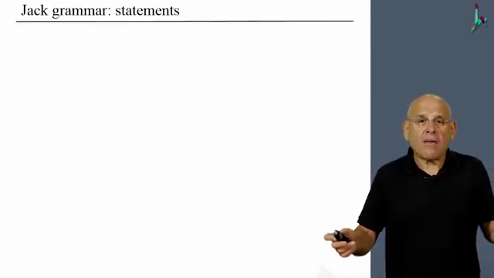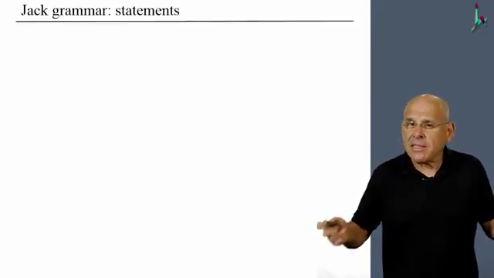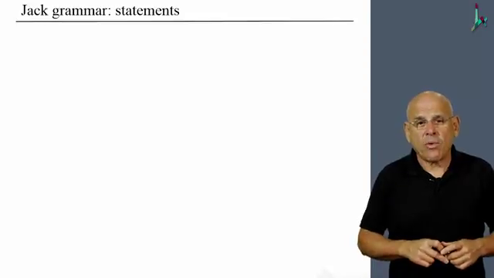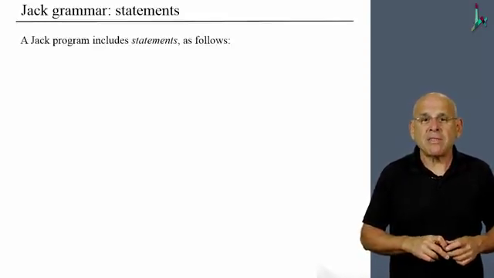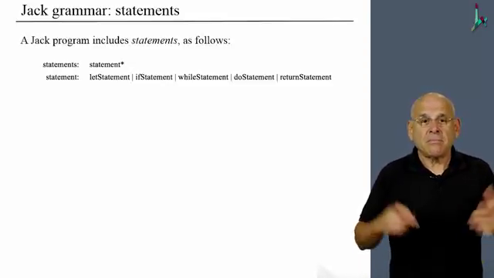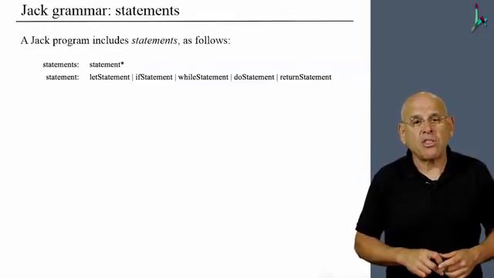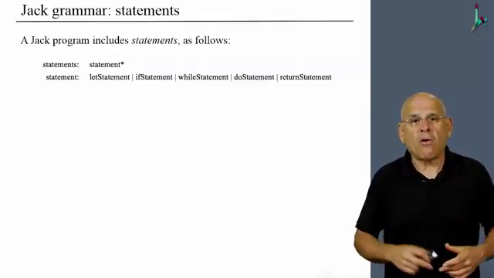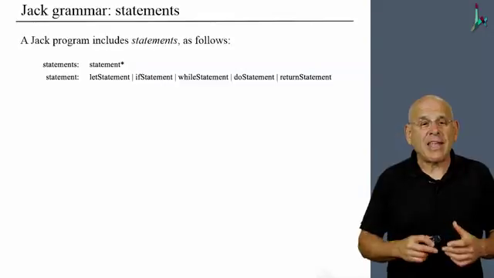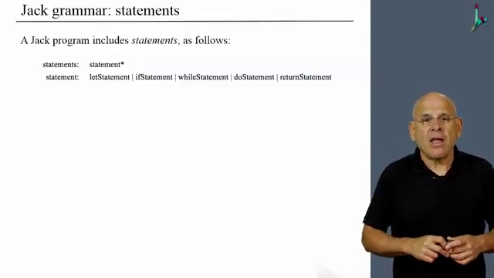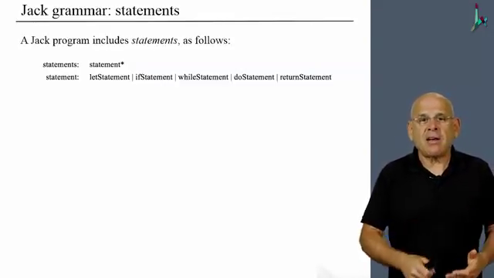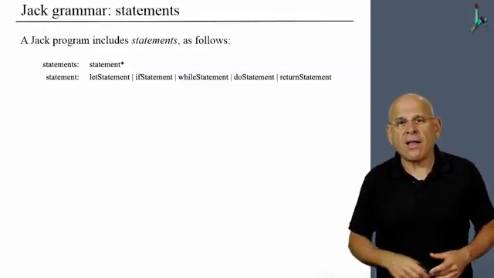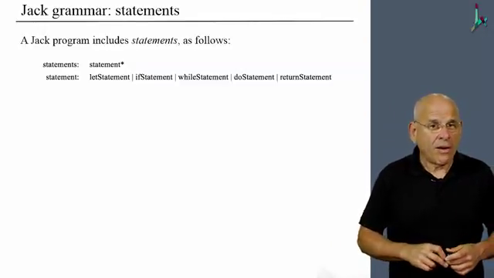Well, in Jack we have statements, right? And this is something that we actually dealt with before in our examples. Basically, we have statements, which are zero or more occurrences of statement in singular. And statement is either a let, an if, a while, a do, or a return.